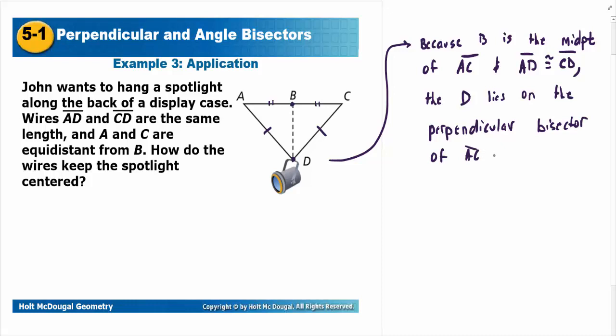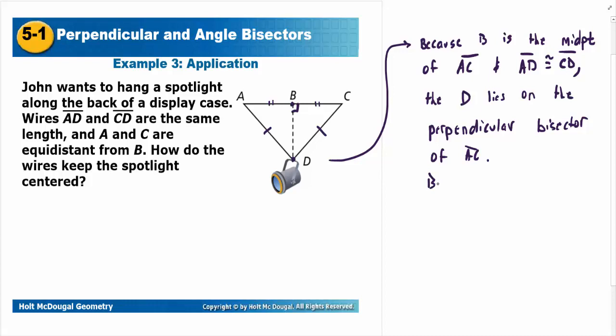So that's the part that we know. Now they're asking how that keeps it centered. Well, once you're able to show that D is on the perpendicular bisector, then you can use the perpendicular bisector theorem.